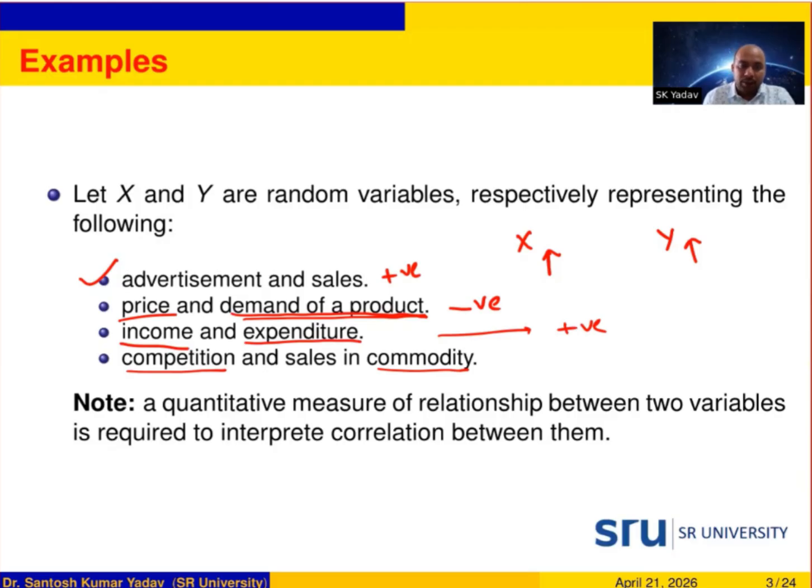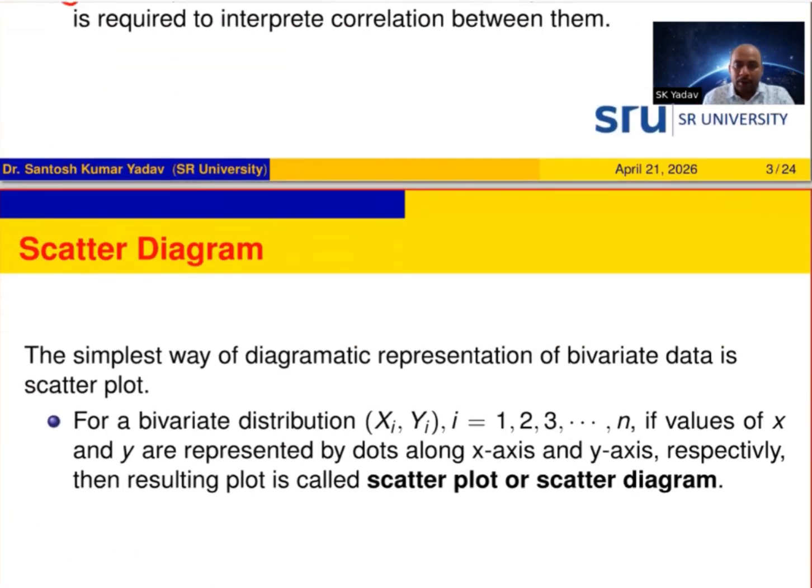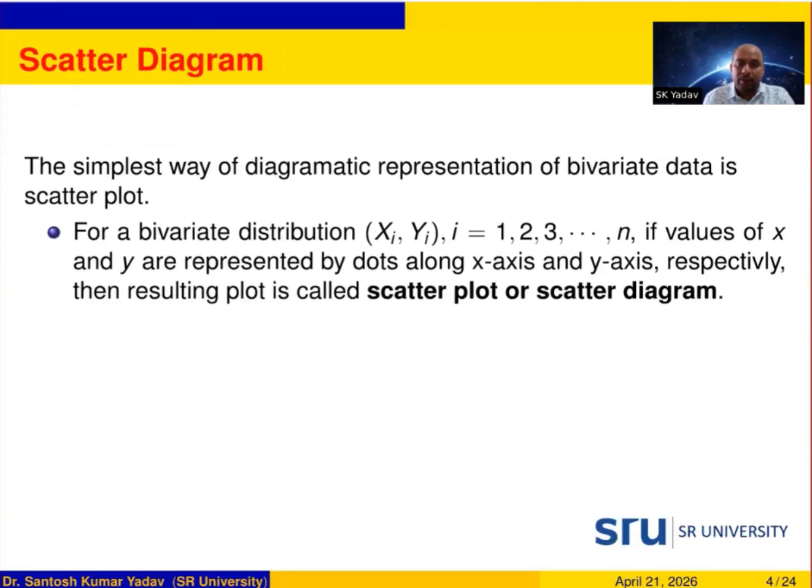So correlation is a quantitative measure of the relationship between two variables, and we need to interpret it in terms of what variables x and y are representing. Let us see how to represent the correlation between two variables in a pictorial representation which we call a scatter diagram. What is a scatter diagram? It is basically a representation of the variables x and y in xy coordinates.